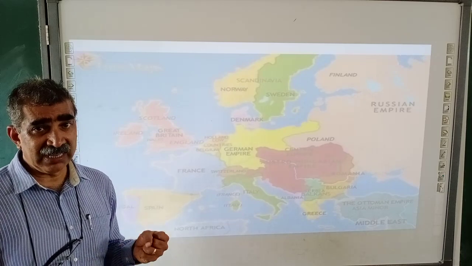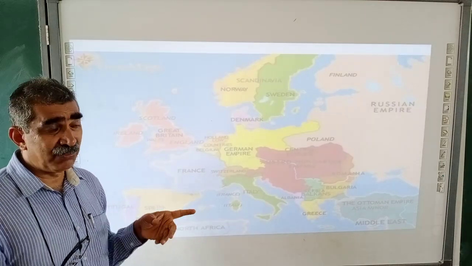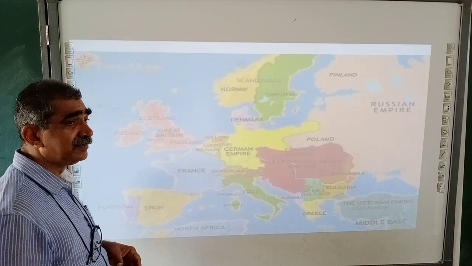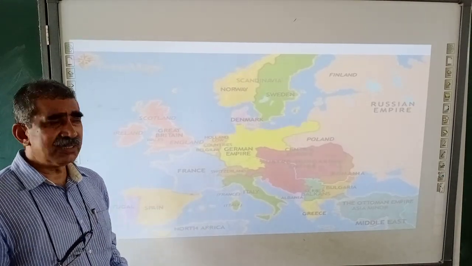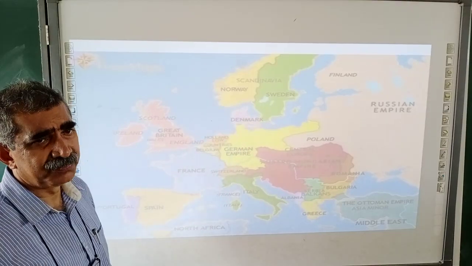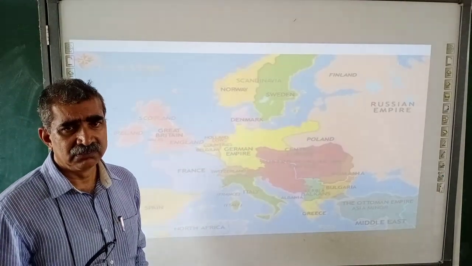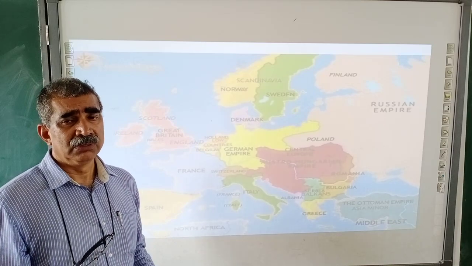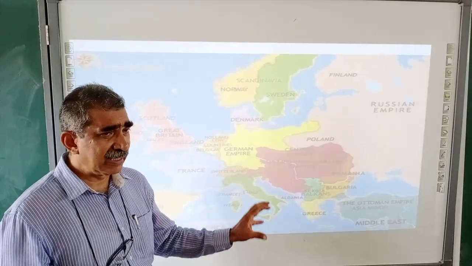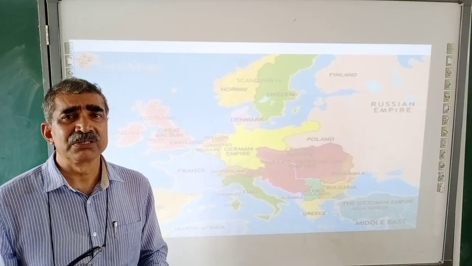So that jealousy and unhappiness and anger in the mind of England, all those things together. The same feeling was with Russia also. Germany was becoming a superpower. So all those reasons created the First World War.